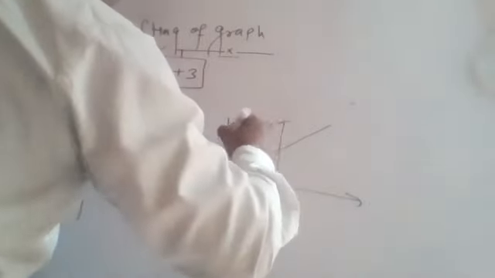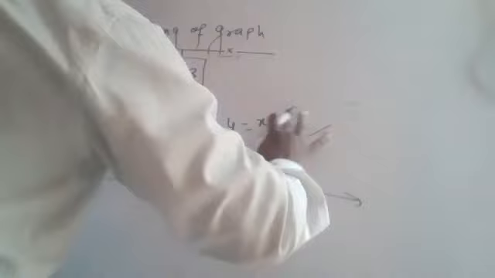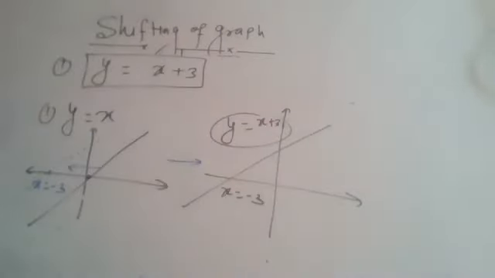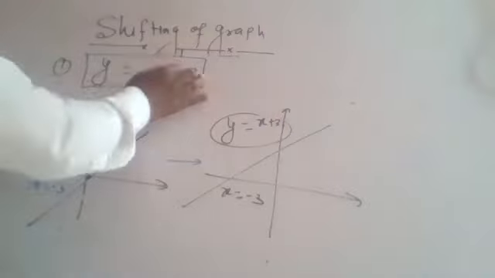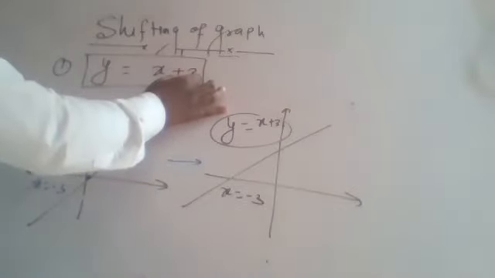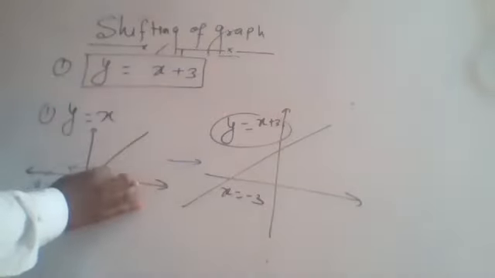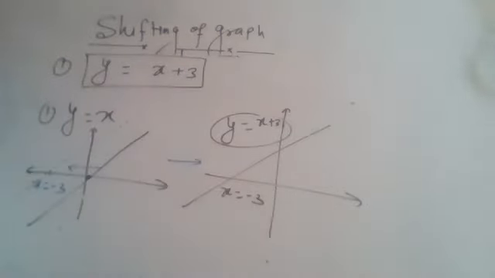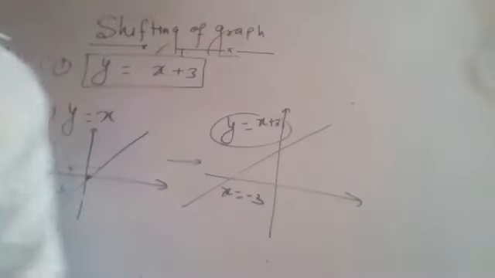So this is the graph of y equals to x plus 3. Just like this is the required graph, y equals to x plus 3, students. So by this way we get the graph. If the constant is added into the variable, then in this condition we have to shift the graph along negative x-axis at x equals to minus 3. Right, students? Clear?